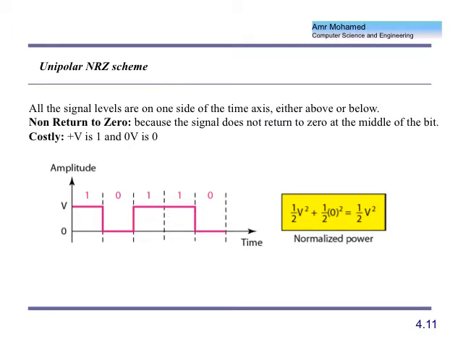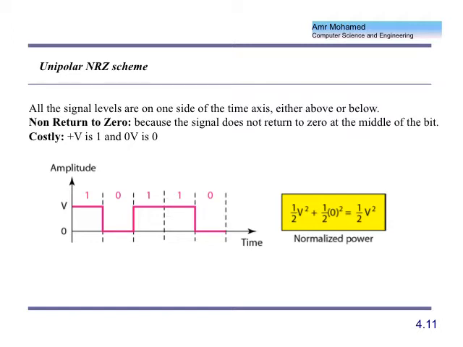Also, if I have consecutive ones, this means that I will also have the other phenomenon that we talked about, which is baseline wandering. Why? Because if there is no change, then the baseline will start to grow based on the fact that I have repeated positive voltage.